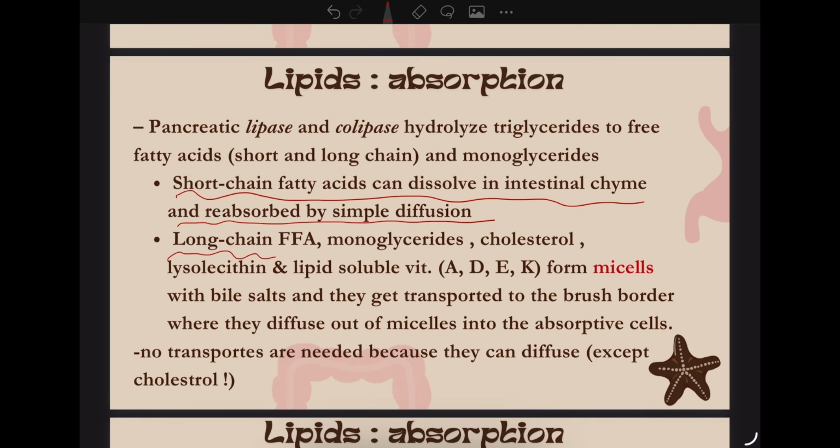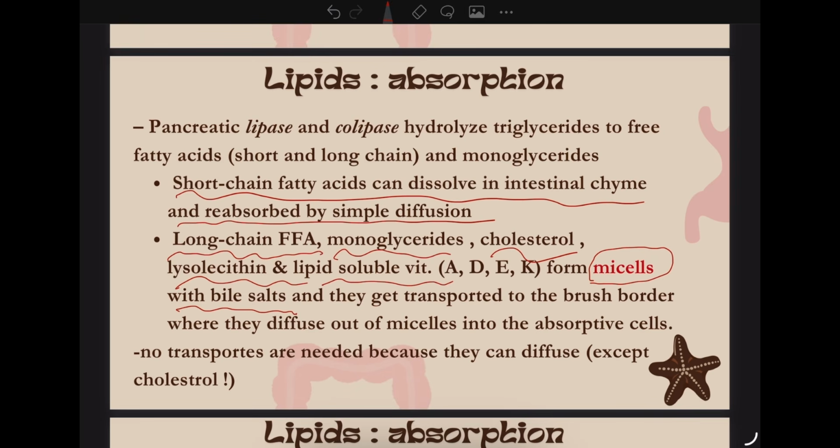But long chain fatty acids, monoglyceride, all the other end products that we can't absorb directly, and also lipid soluble vitamins, form micelles with bile salts before getting absorbed, and they get transported to the brush border in order to be absorbed. Okay, micelles, what is their job?